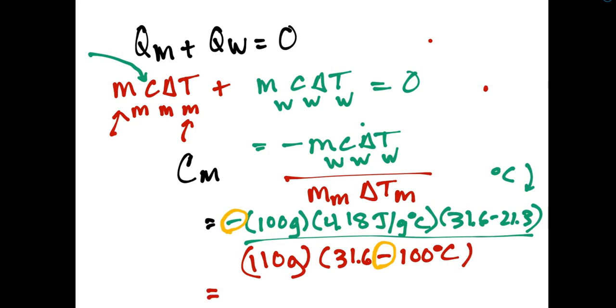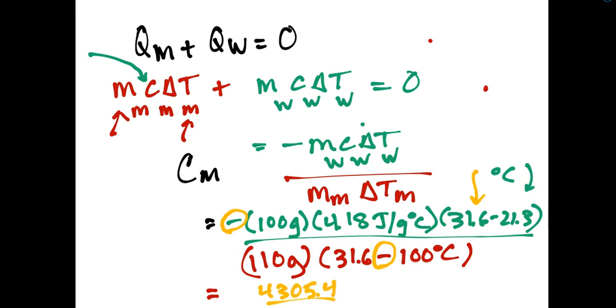So you should try this and calculate this all by yourself. But here's what we do. I like to go over here. Since I have to do that in parentheses, do that first without parentheses. 31.6 minus 21.3. That gives me 10.3. Then you just multiply times 4.18 times 100. And that gives you 4305.4.